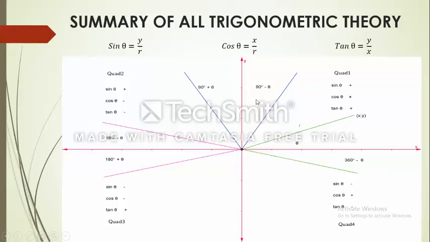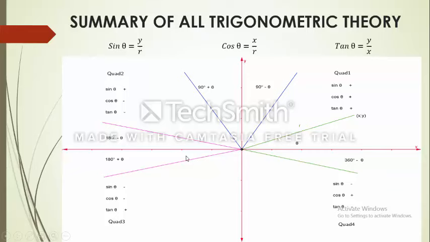Let me explain in detail what we mean by this. All angles that fall under quadrant 1, we get them by subtracting from 90 degrees. This is the 90-degree line, which is your y-axis. And then all angles in quadrant 2, we either get them by adding angle theta to 90 degrees or subtracting angle theta from 180 degrees.